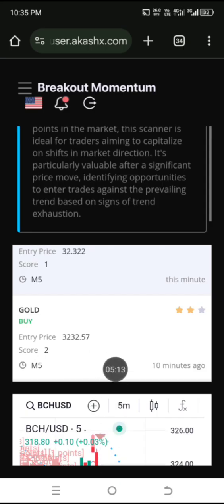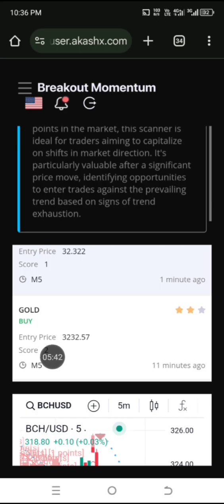Now, if the score here is 1, I beg, don't take that trade, because I personally will not. I will not even waste time. I will leave the scanner alone and go, then come back later to check for another signal, because 1 is a weak signal, so just let it be.